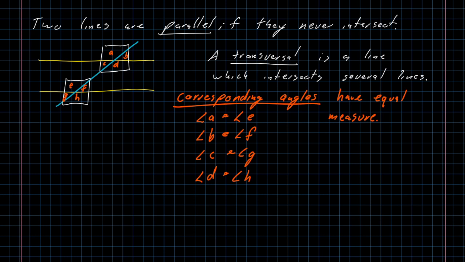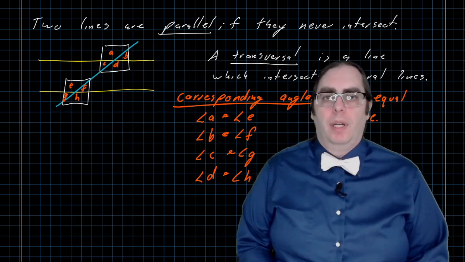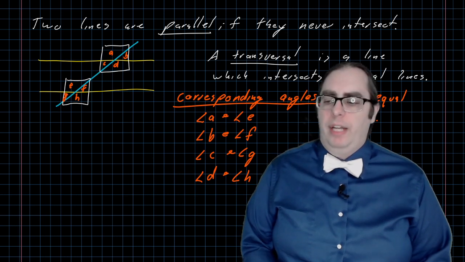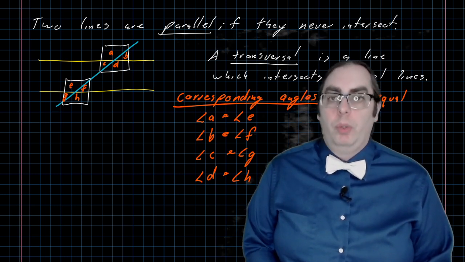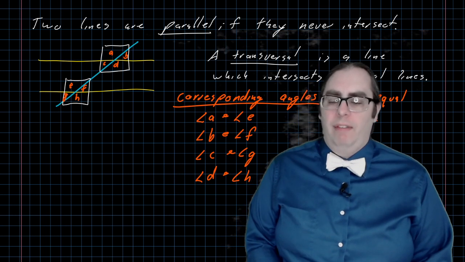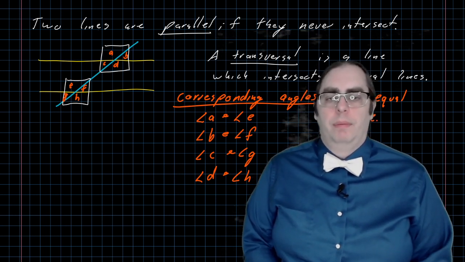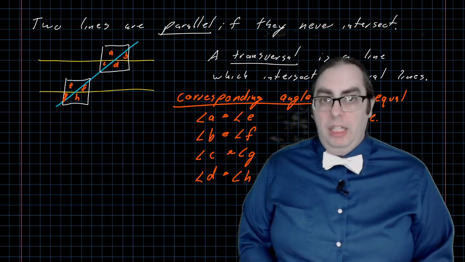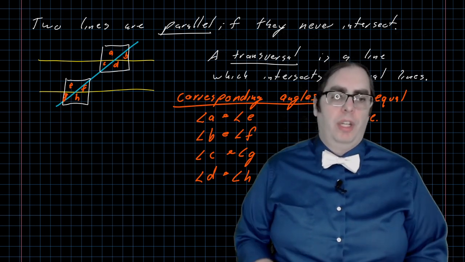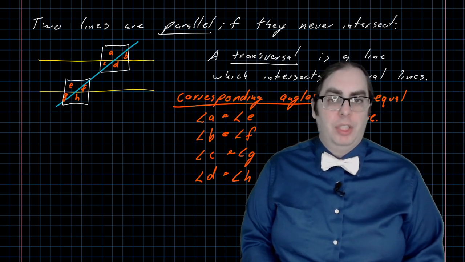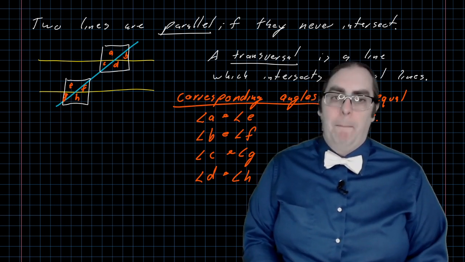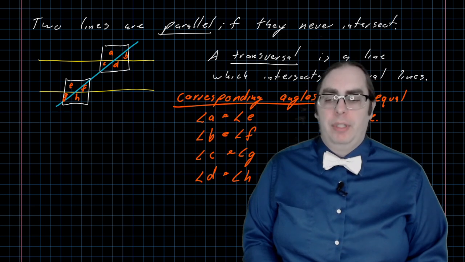Just like with vertical angles, corresponding angles are an important vocabulary word because corresponding angles always have equal measure. Unlike with vertical angles, I don't have a nice trick for showing you why this works. In fact, this is one of the fundamental ideas of geometry. Euclidean geometry, the geometry that was studied by the ancient Greek mathematician Euclid, is based on a couple of fundamental ideas.